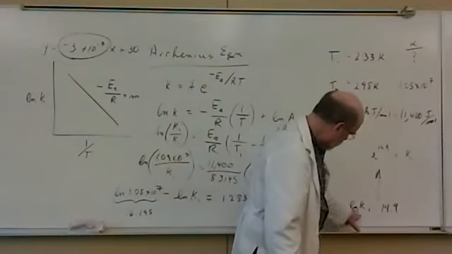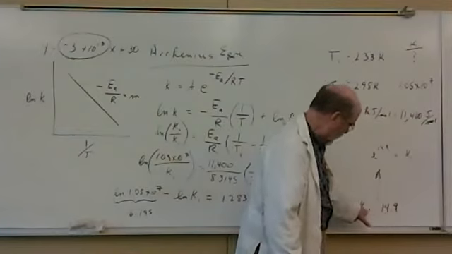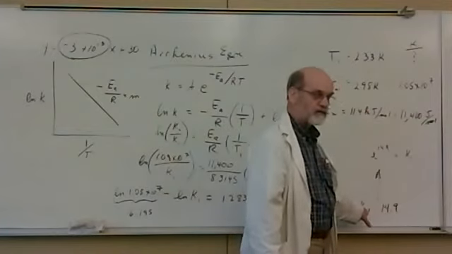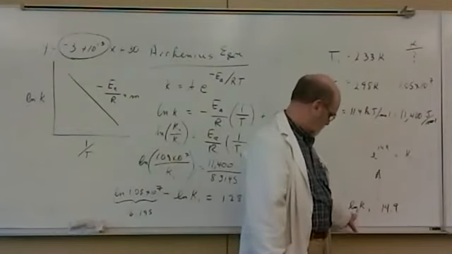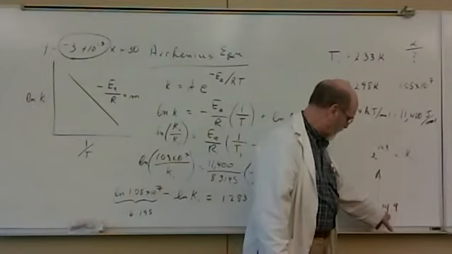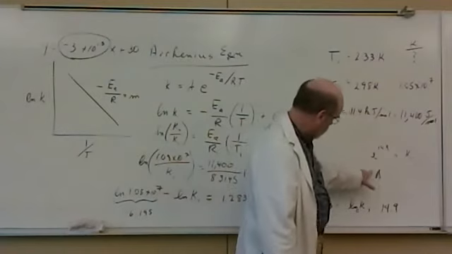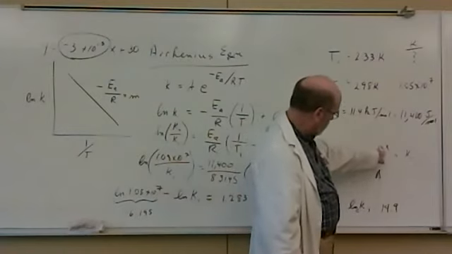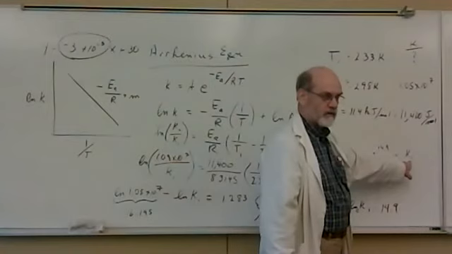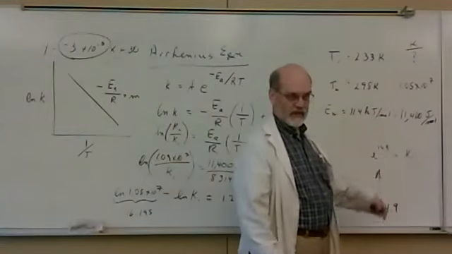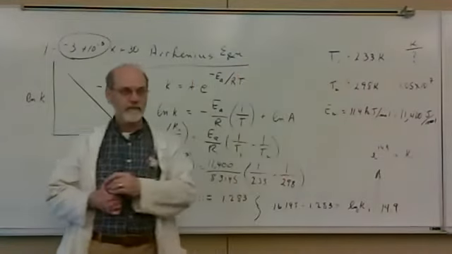So e to this power equals that. That's what logs mean: the base to that power equals this value. That's why I wrote it this way. E to that power equals this, and that's how you put it in your calculator.